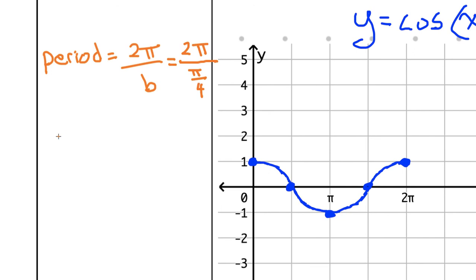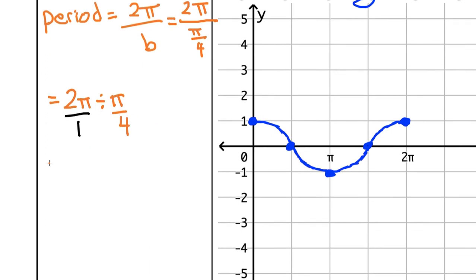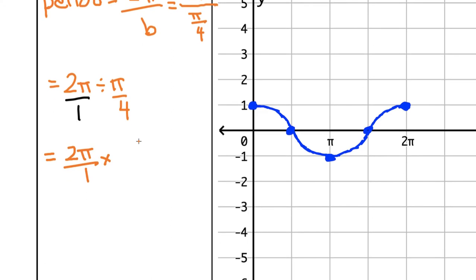So how am I going to do that? Well, I can treat this as a fraction, so 2 pi over 1. From there, I'm going to keep it, change it, flip it. I keep it, I change the division into a multiplication, and I flip it. I take the reciprocal and I get 4 over pi.